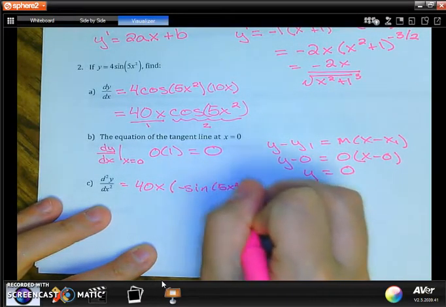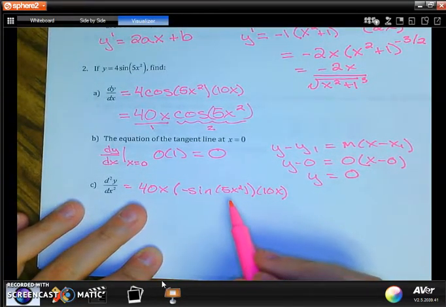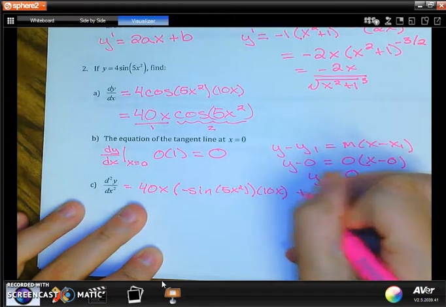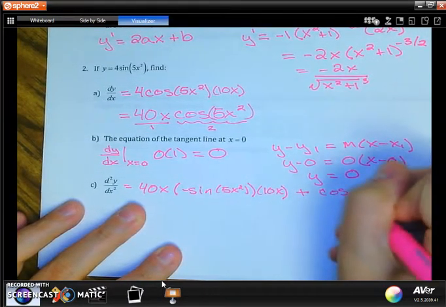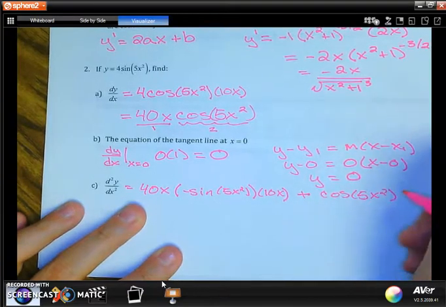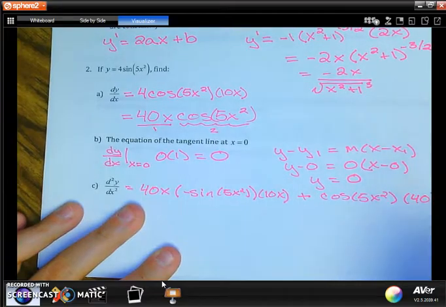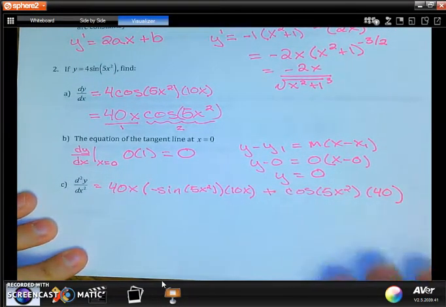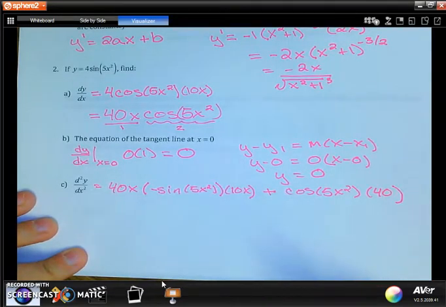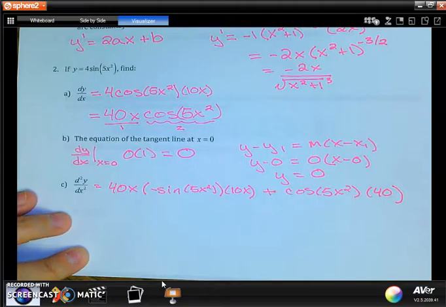So remember, we're still in this big product rule, though. So we have first times the derivative of the second plus the second times the derivative of the first. Well, the derivative of the first is a lot easier. So that's going to be a 40, and you've got that. Okay, and, oh, that's all we had to do. So you can clean it up if you want, or you can leave it like that.